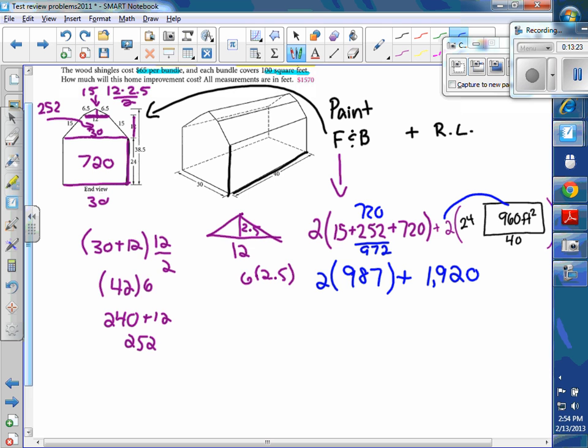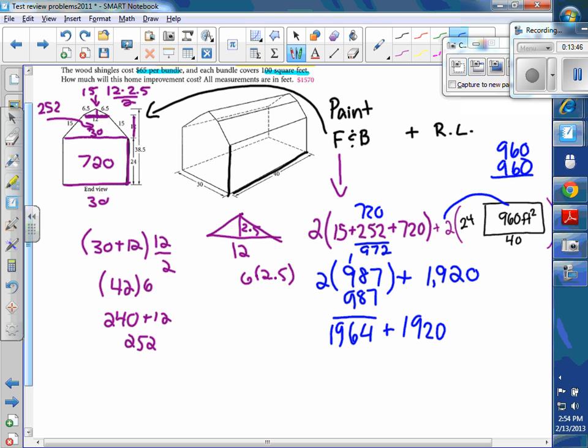Now double 987. So 1974 plus 1920. You guys checking my work?